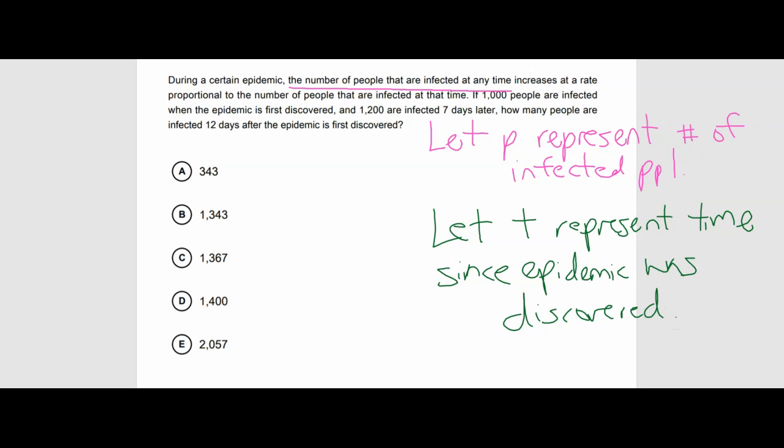First things first, see if you can set up a differential equation to represent this scenario. Then you're going to have to solve the differential equation and come up with a general solution. Once you do, you'll have two unknowns: the constant of proportionality and your C value, the constant of integration.